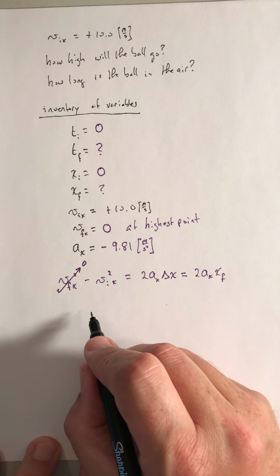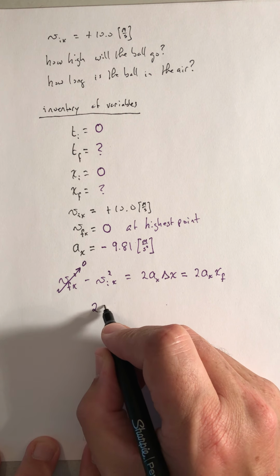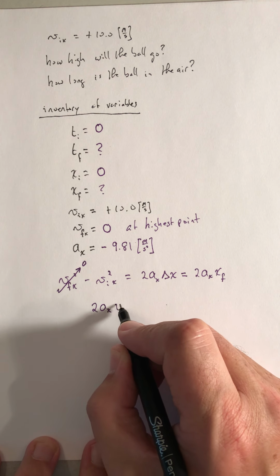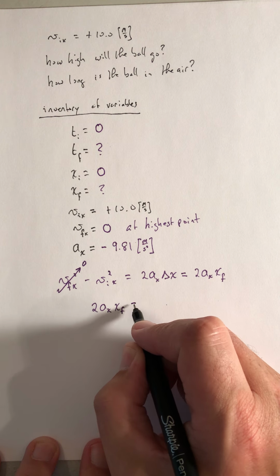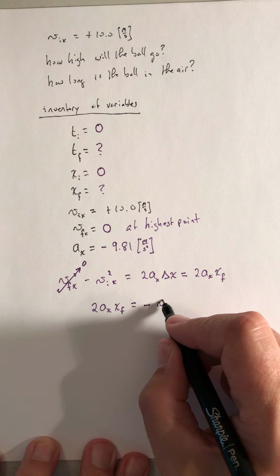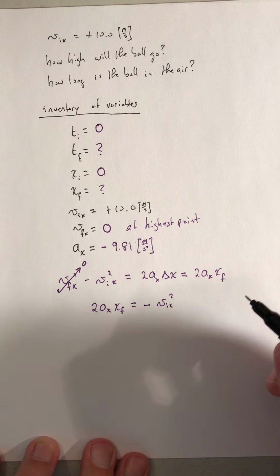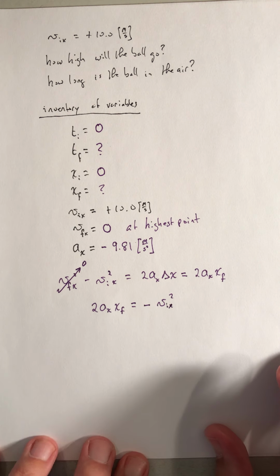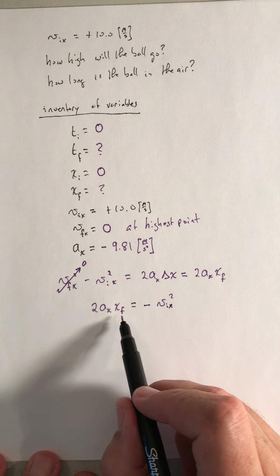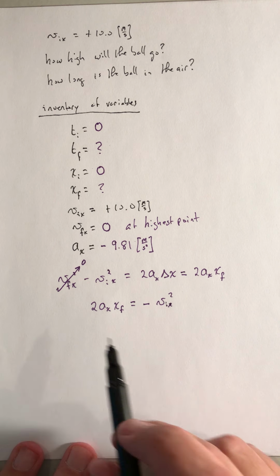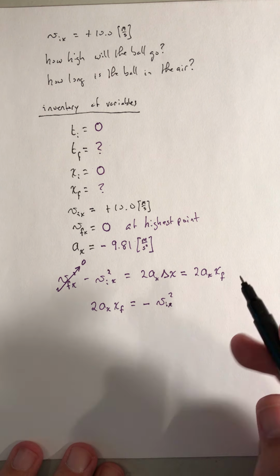So it simplifies a bit. Let me rewrite things a little bit. 2 times the acceleration along the x direction times x final is equal to minus the initial velocity along the x direction squared. And we're going to solve for x final, divide both sides of the equation by 2 and by the acceleration.